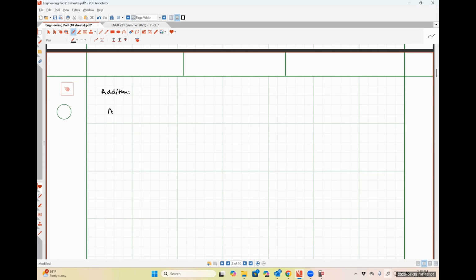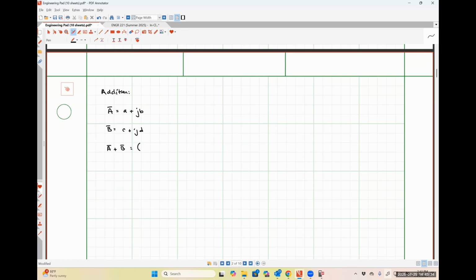So if we have some complex number A that is equal to a plus jb, and a second complex number B that is equal to c plus jd, if I want to add these two complex numbers together, essentially it's going to work like how you add vectors together in your physics classes. You're going to add your real components together and you're going to add your imaginary components together.